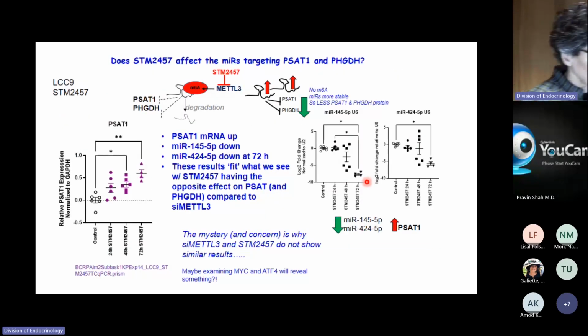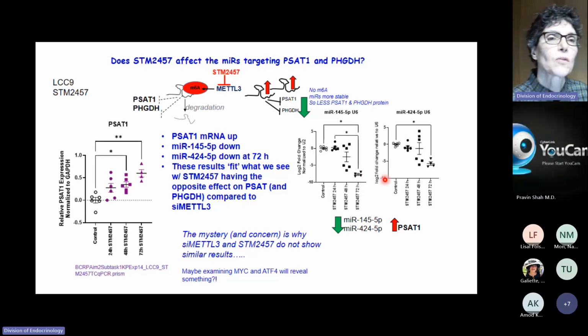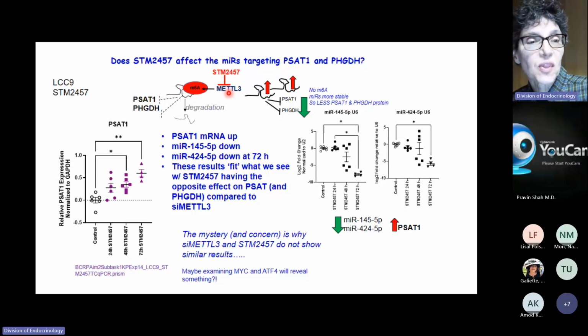So coming back around to the microRNAs that we have proven directly target PHGDH and PSAT1, I asked the question, what about STM2457? Does it affect the microRNAs? So before, what we saw was that with metal-3 knockdown, we saw an increase in microRNA and a decrease in PSAT1. Now, STM2457 is inhibiting metal-3. What'll happen? Well, it's the opposite of what you think.